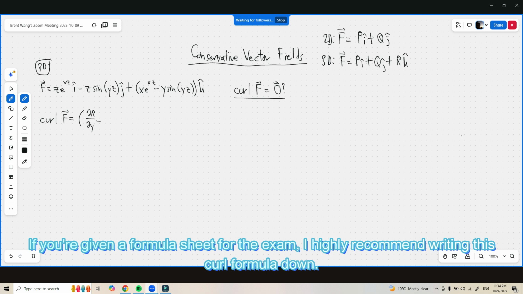Curl F is equal to ∂R/∂y minus ∂Q/∂z in the i direction, plus ∂P/∂z minus ∂R/∂x in the j direction, plus ∂Q/∂x minus ∂P/∂y in the k direction. So in this case, P, Q, and R are labeled right here.